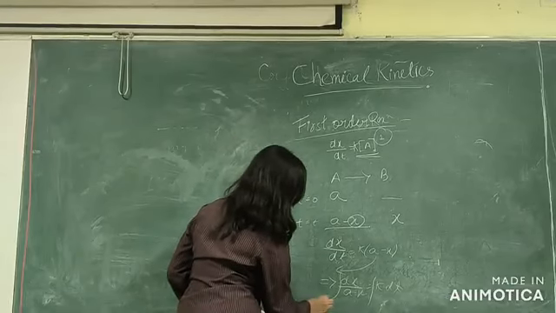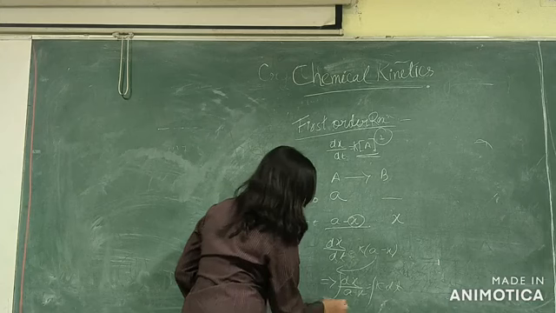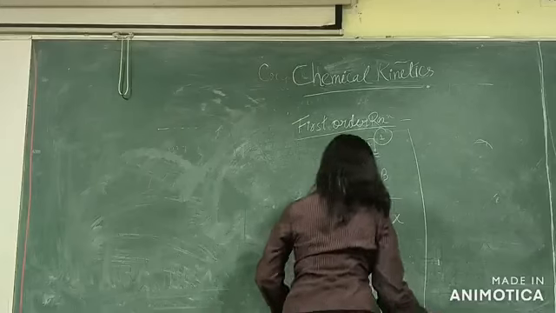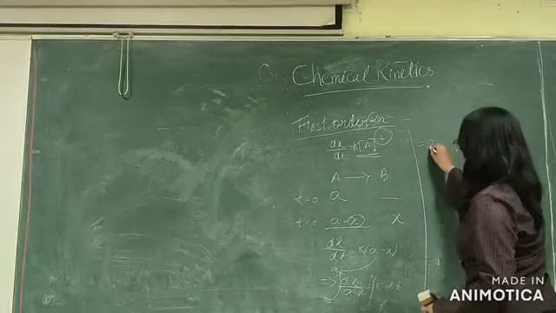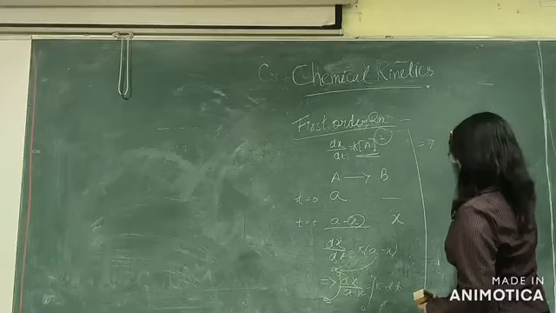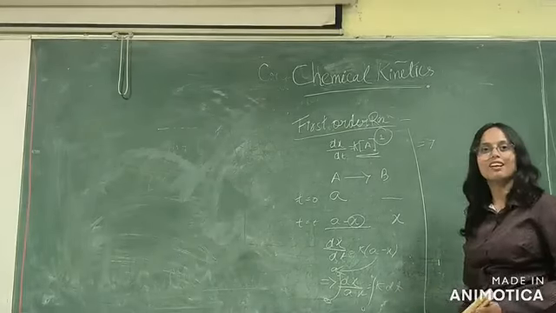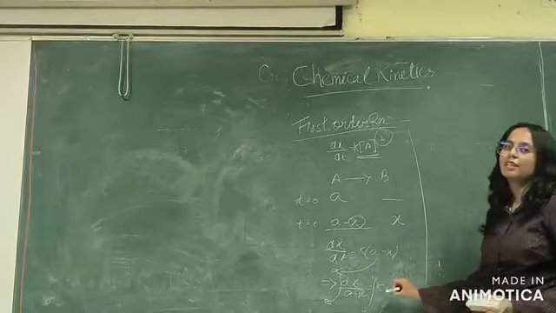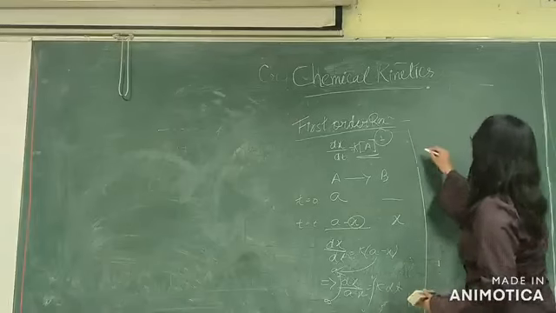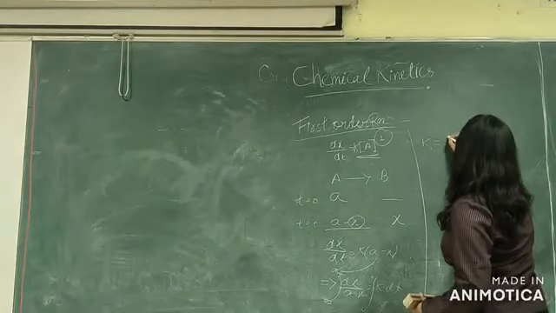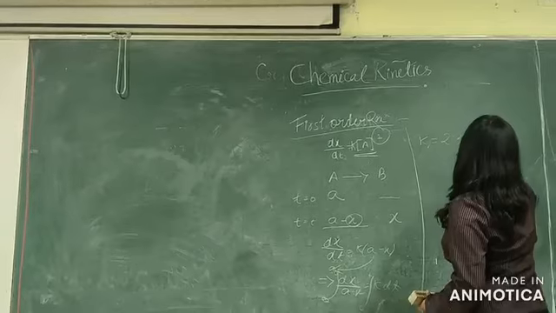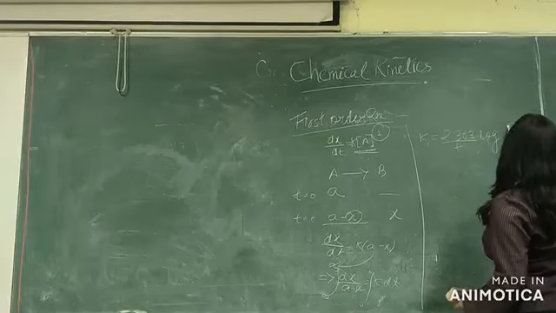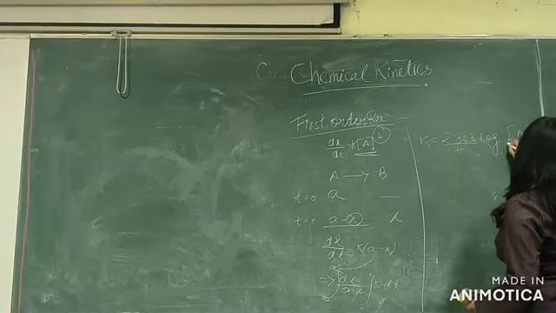Let us consider the limits 0 to x and 0 to t. By integrating, we will get the equation k equal to 2.303 by t log of a naught by (a minus x).